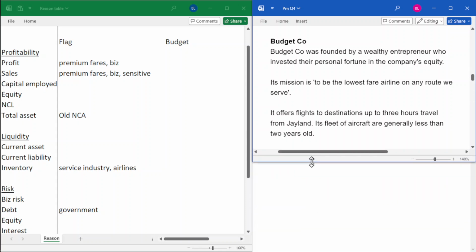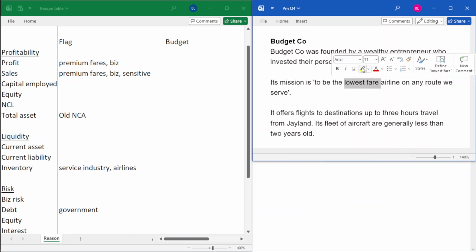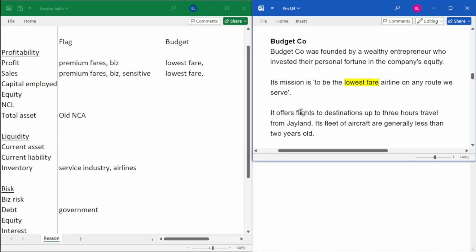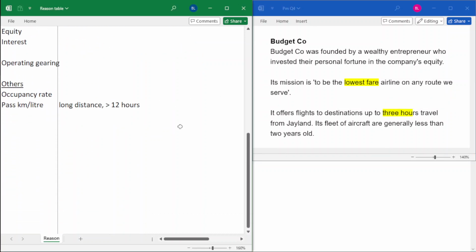So budget code was founded to be the lowest fare. Lowest fare, so it's a premium fare there, and this one is lowest fare. On any route we serve, I offer something 3 hours, so maybe you can put here 3 hours.